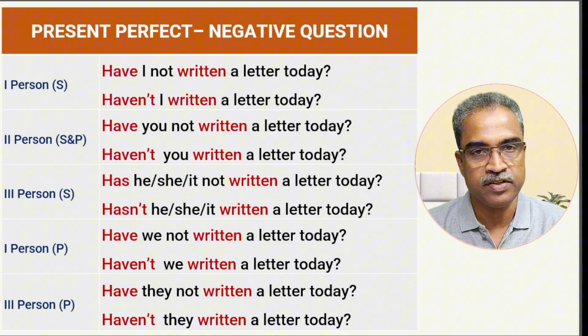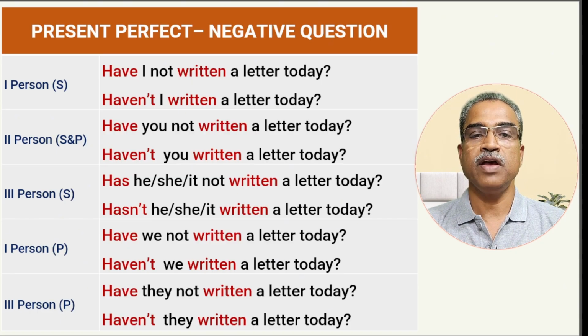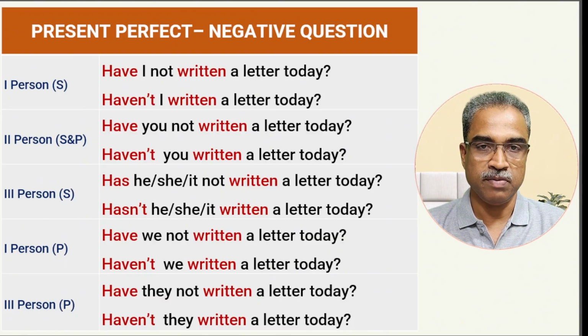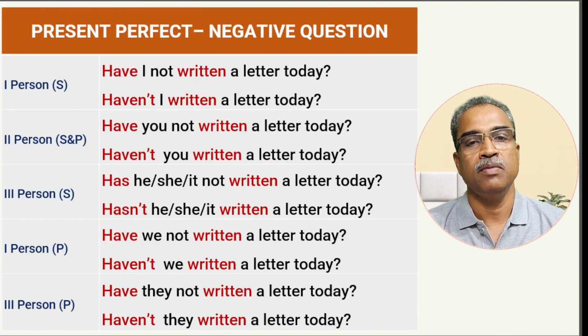Place the auxiliary first, then subject, then the remaining; if there is an auxiliary or main verb, continue to use them as it is in the particular order. So this is how we frame questions in all the tenses, not just present perfect here, but all tenses.